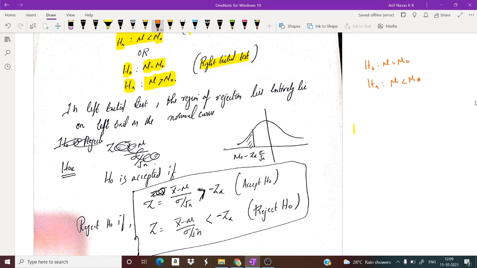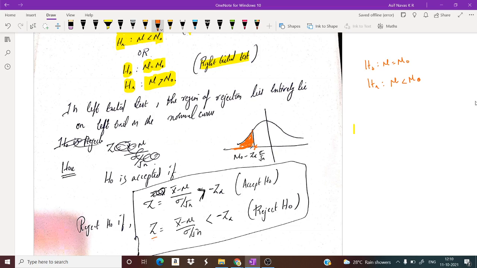So mu less than mu naught. If some quantity, if mu is less than, in this region, if our z falls in this region, then we will reject h naught, right?